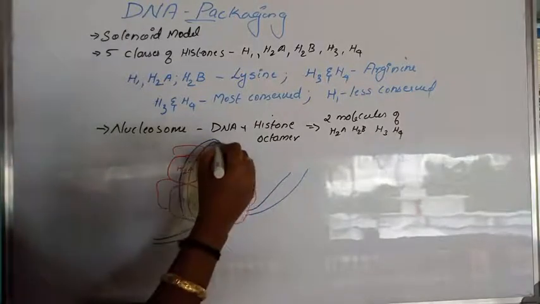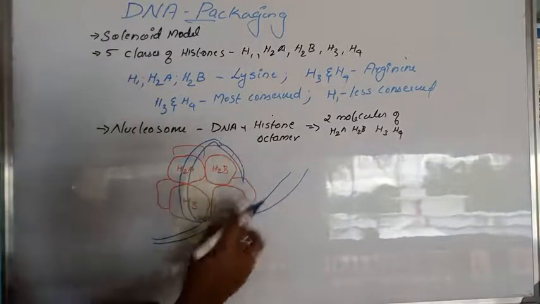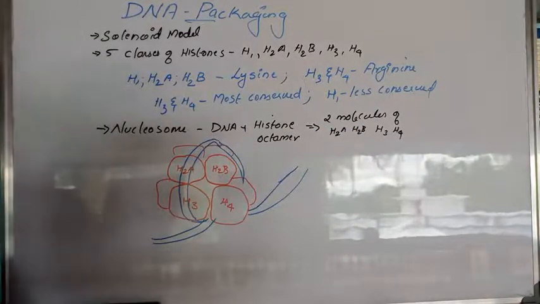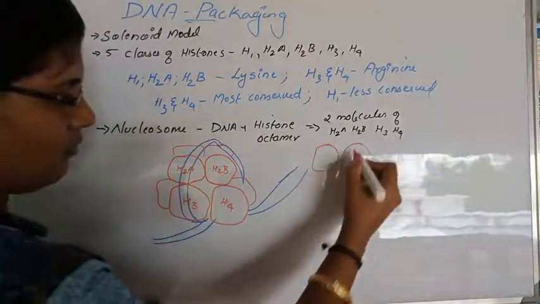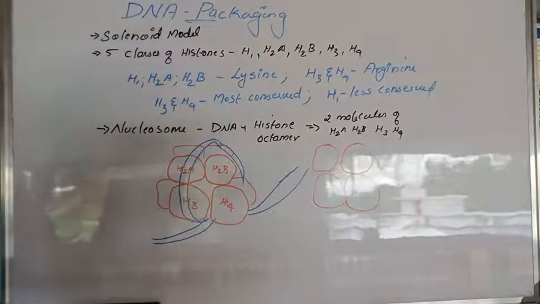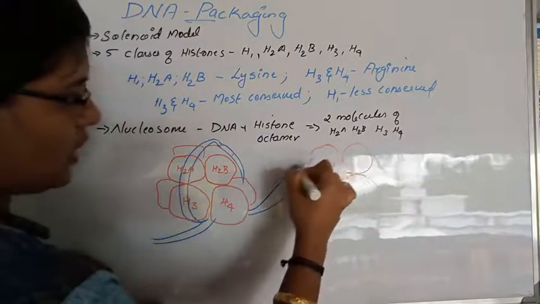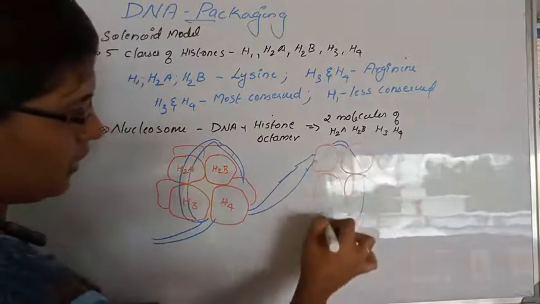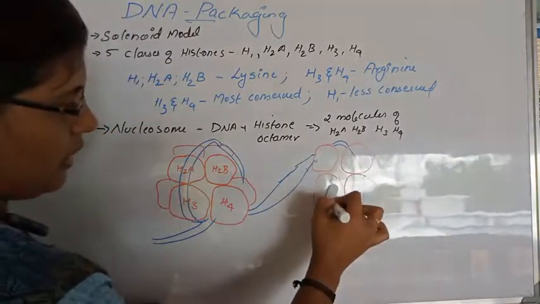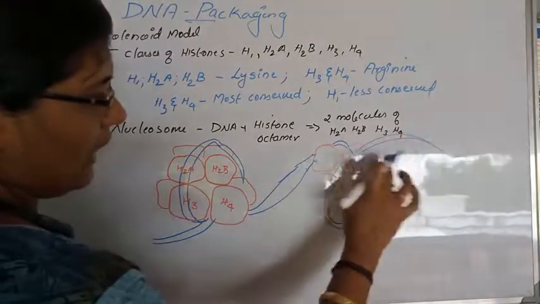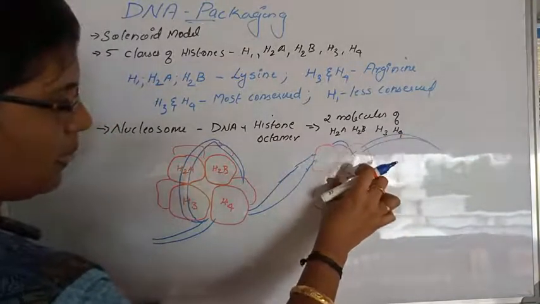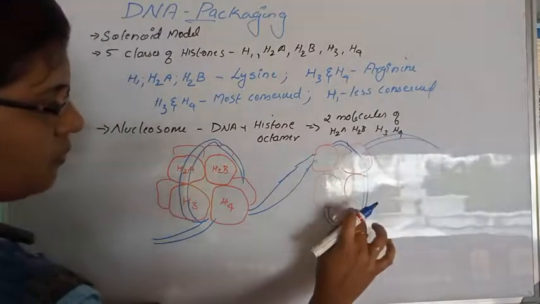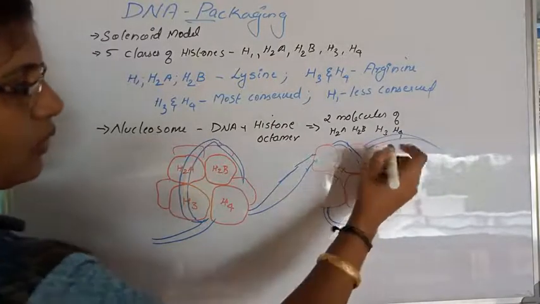Then another octamer is present here, and the DNA goes and twists around it as well.